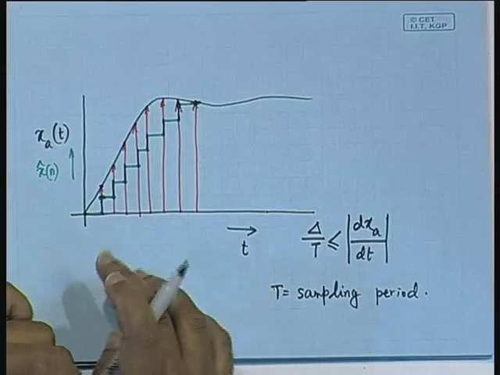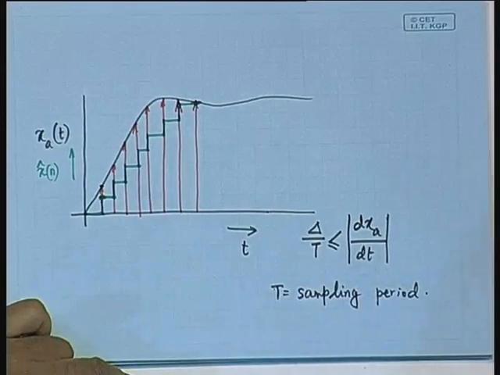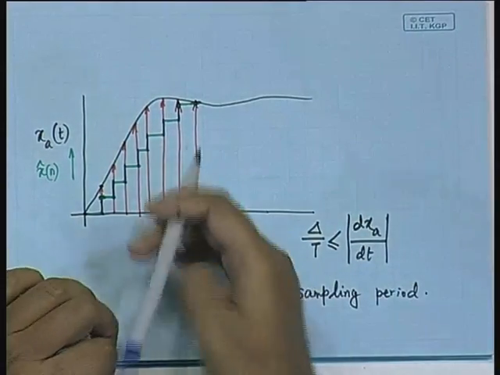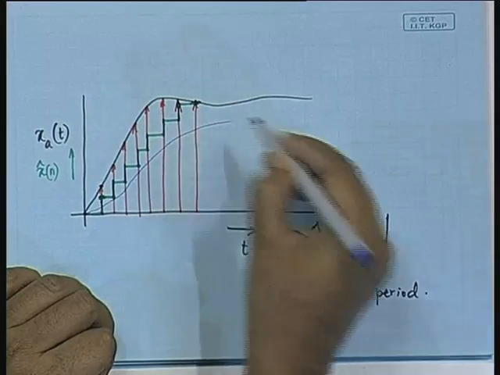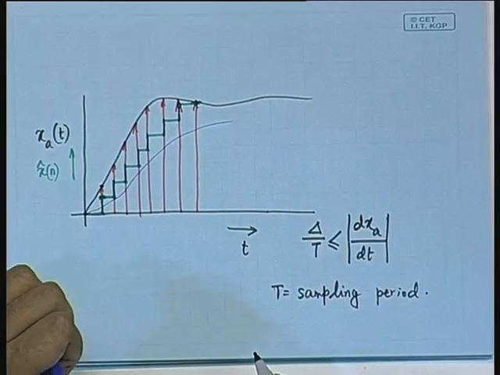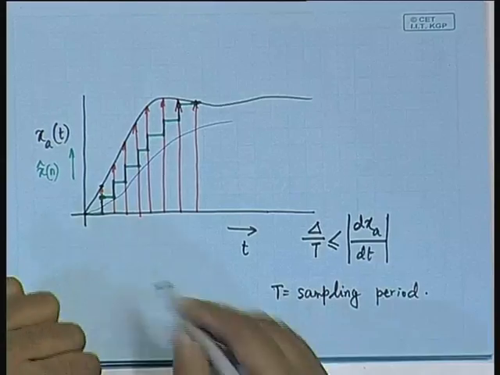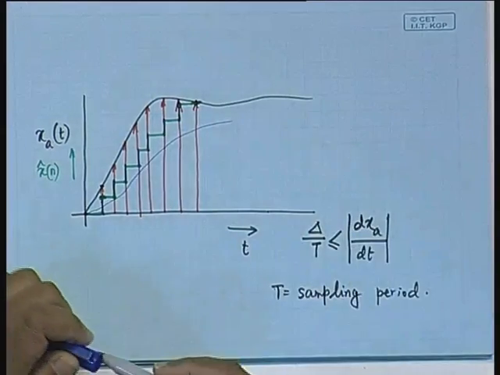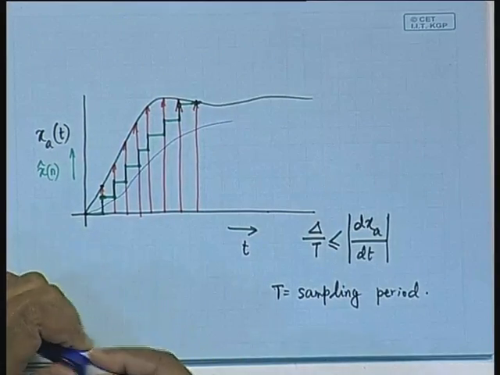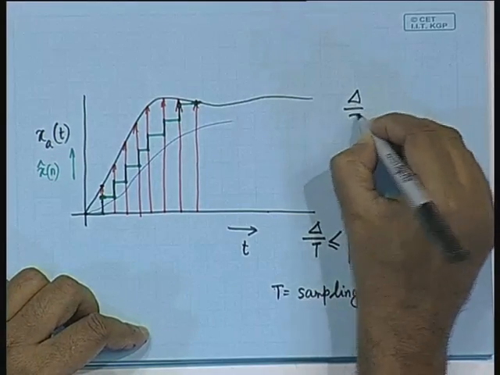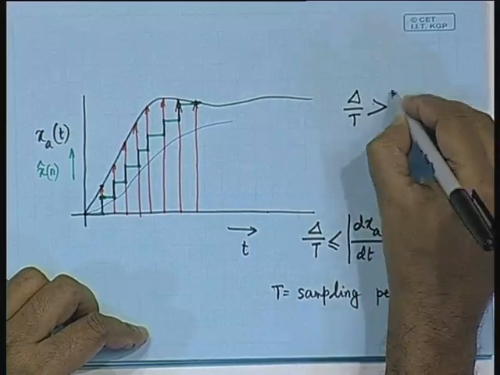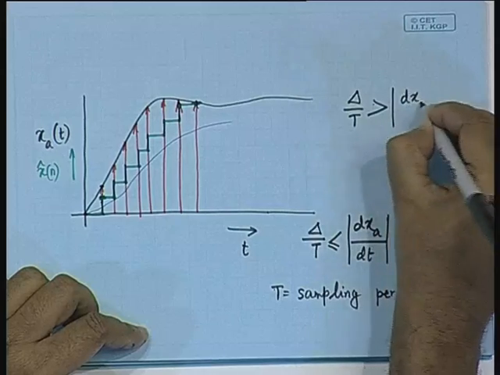On the other hand, if it is a slow varying signal, so instead of this, if we had observed something like this, in that case could it have tracked? It could have, because here the time derivative is much less. So, in that case we can say that delta upon T is greater than the mod of dxa upon dt.